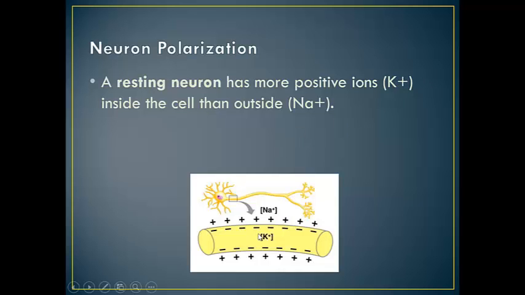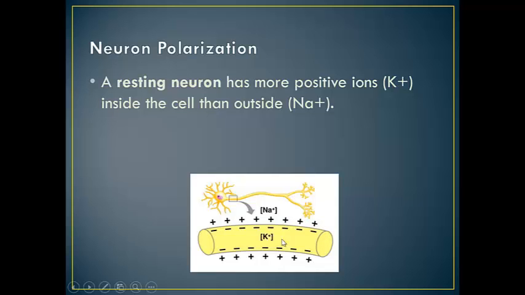Because if you look at this diagram, on the inside of the axon, it's actually a negative region. And this is where more of the potassium is at. It's actually negative inside the neuron. And where the sodium is, outside of the axon, hanging out is more sodium, and it gives the axon on the outside a more positive feel.